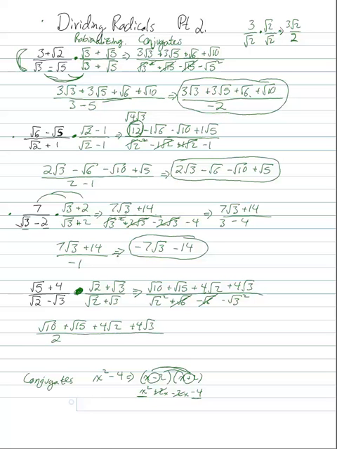Minus square root of 3 squared is minus 3. 2 minus 3 would simplify to a negative 1. So again, it's all over a negative. So it's just going to be like dividing every single term in my numerator by a negative. So minus square root of 10, minus square root of 15, minus 4 square root of 2, minus 4 square root of 3. And that's it.